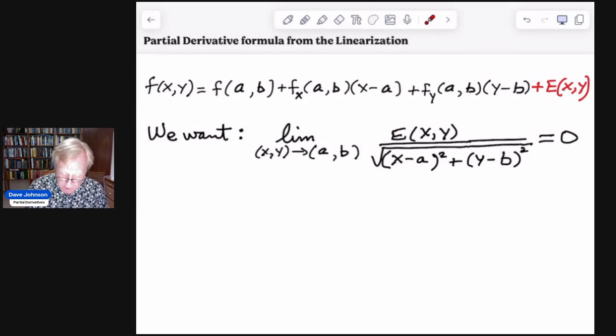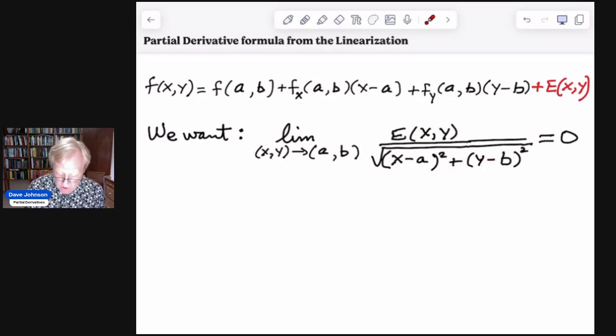And one way to express that mathematically is to say limit as our point approaches a comma b of the error divided by this distance. And notice I'm just using the Euclidean distance between the point and our a comma b. We want that ratio to be zero. And the only way that a limit can be zero like this is if the numerator goes to zero a lot faster than the denominator.